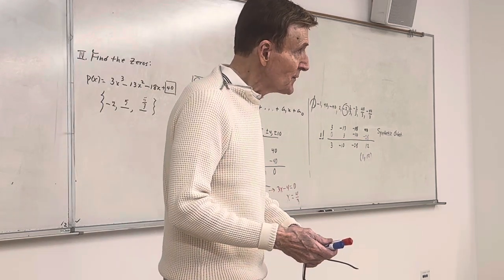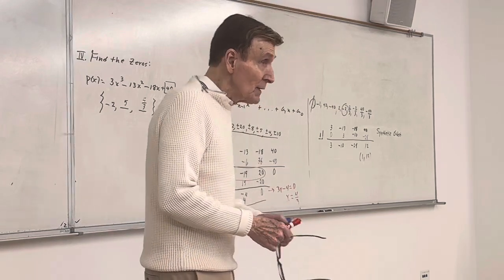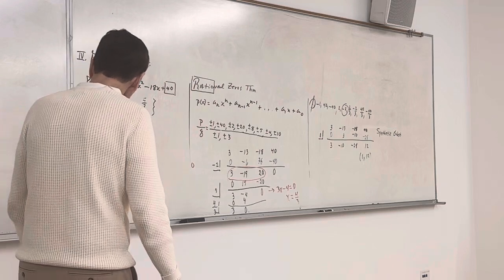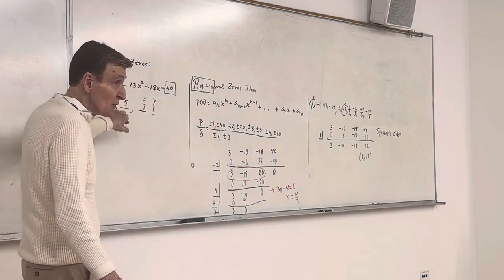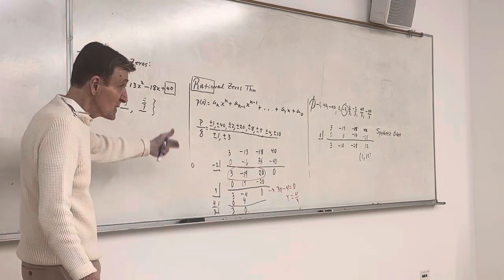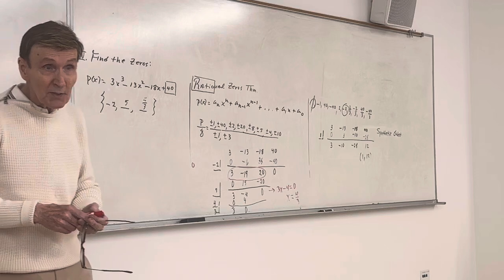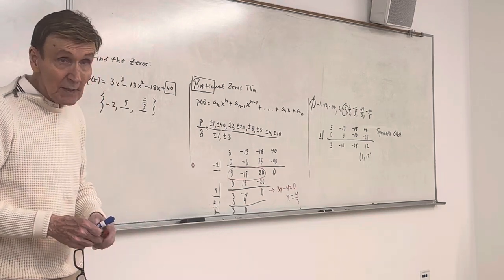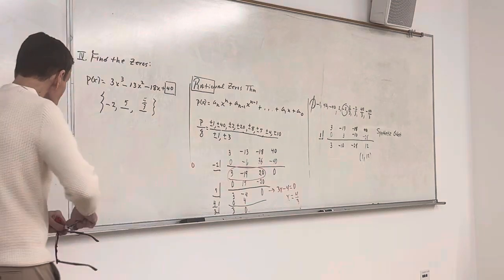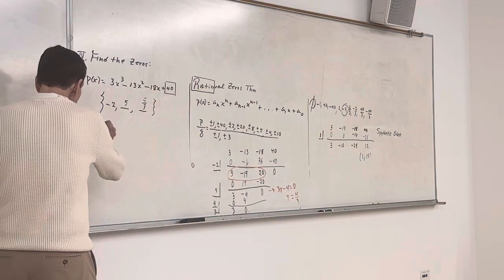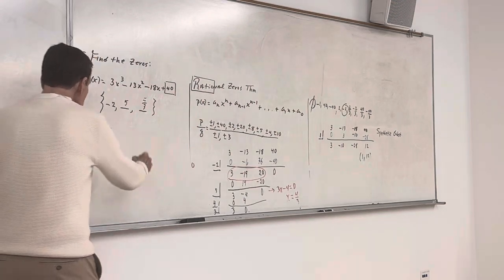Is it true? Now, can someone help me out and write the function that those 3 zeros came from? You say, Professor, it's right there in front of you. This is the function that those 3 zeros belong to. You went through all that business, you found them. The synthetic substitution, rational zeros theorem, is that true? But can someone now tell me in factored form, what does my function look like? P of x is equal to x plus 2.